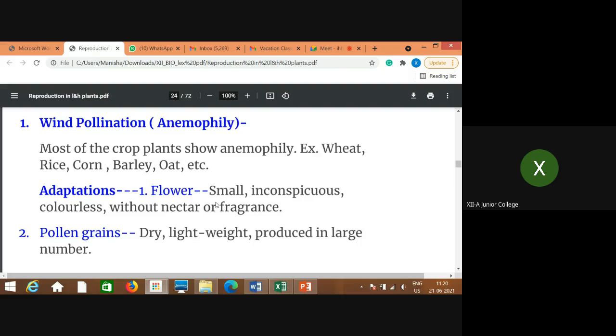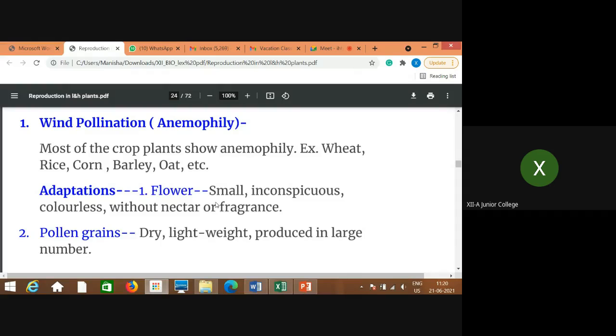Now, most of the crop plants show this type of pollination. For example, wheat, rice, corn, barley, oat. Most of the monocots, they are crops, and these monocots are examples of anemophilous pollination. Remember. Now, what are the adaptations? That means special features which favor this type of pollination, that we will discuss. Number one, the flower. What adaptations do the flowers show?